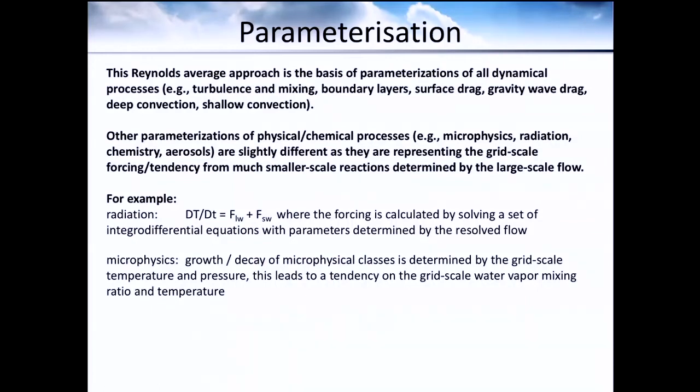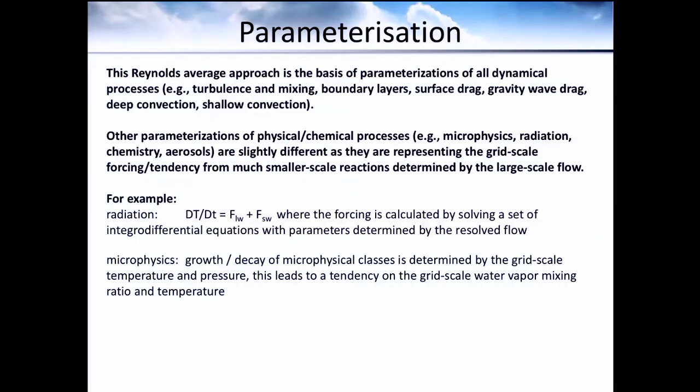Turbulence and mixing, boundary layers, surface drag, gravity wave drag, deep convection, shallow convection, all of these are dynamical processes that if you made your model higher and higher resolution, you would eventually resolve them. But we have finite resolution, so they're unresolved, and so we need to parameterize them.